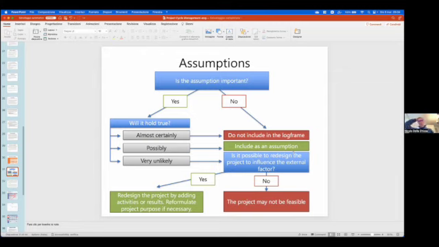Another example would be the one of the roads, of the maintenance of the roads. As we saw before, if it is very unlikely that the municipality will maintain the roads, then we have two choices. Either the project may not be feasible in the way we identified it, or we should redesign the project, for instance, adding some activities and some results.